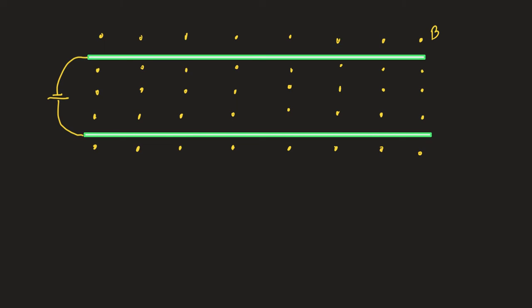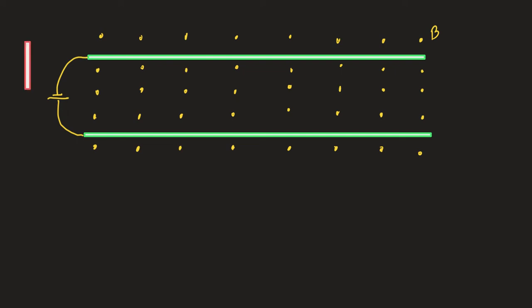There's no flow of charged particles. I didn't say that these were plates. I just said they were rails. So they might not have any capacitance in which there's a flow of charged particles. They've just been separated by a potential difference. So right now, nothing's happening.